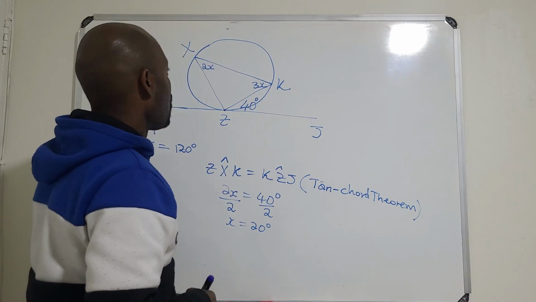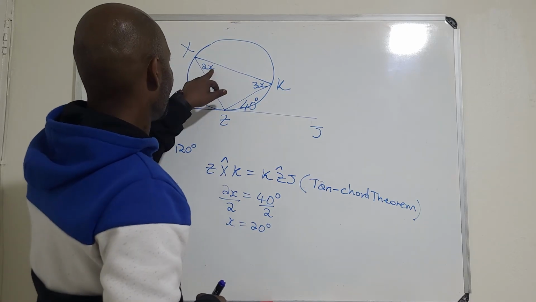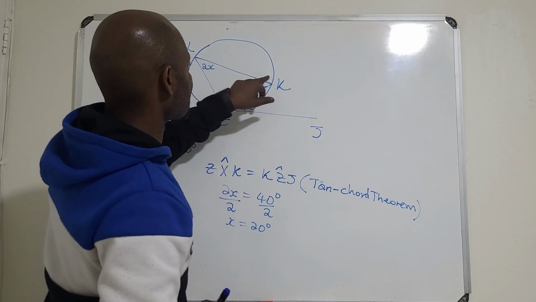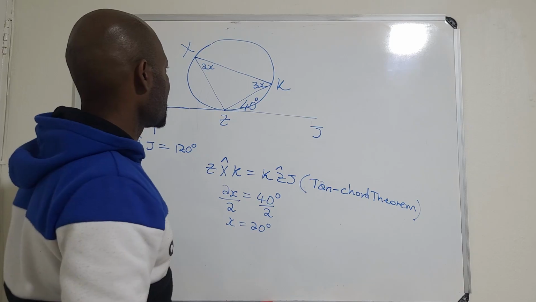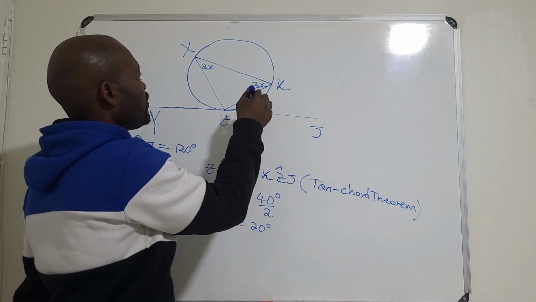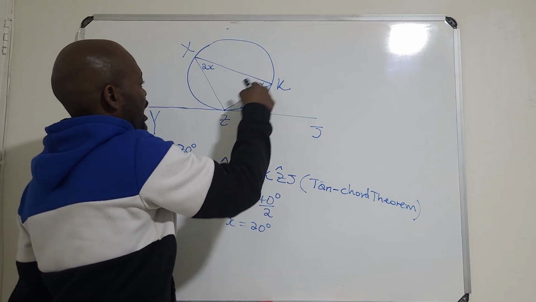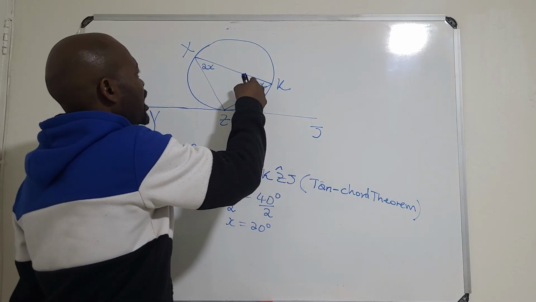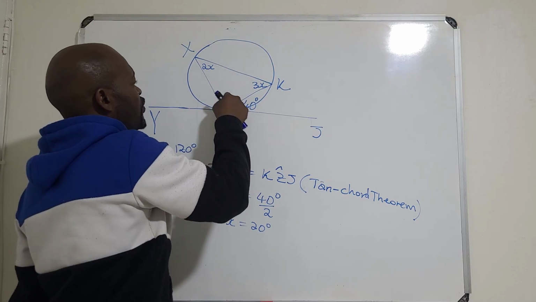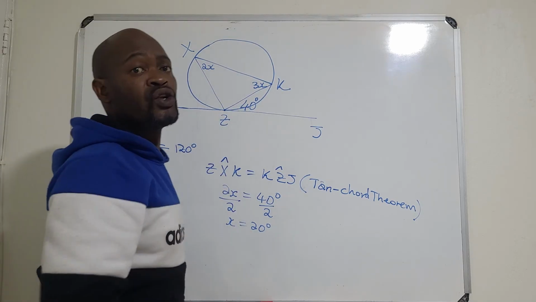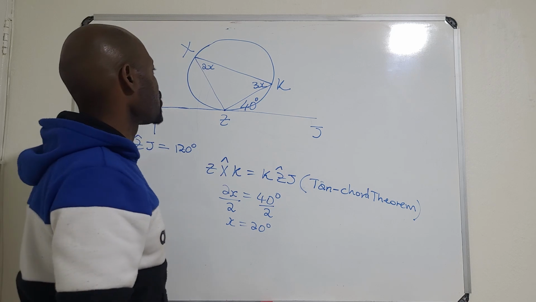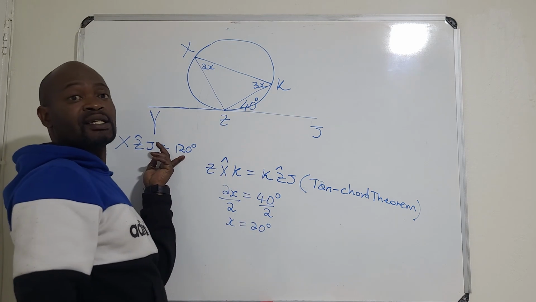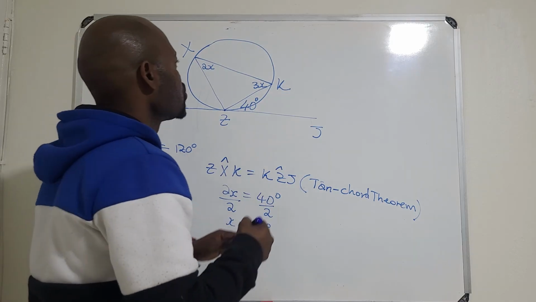Now, we can find this angle, angle ZXK. We can also find angle XKZ, which is this angle there. Then, once we get this angle and this angle, we can find this angle using the sum of angles in a triangle. But we must do the writing now.